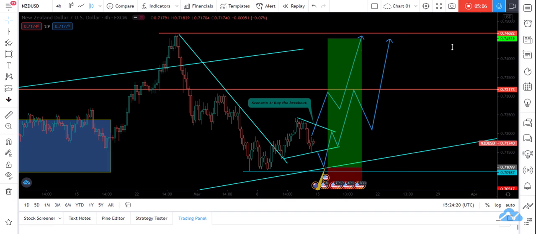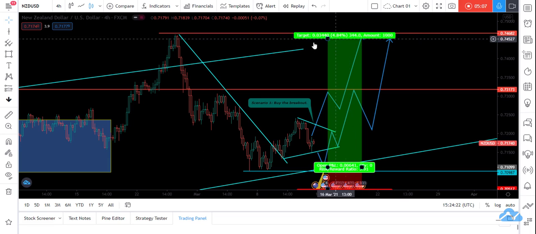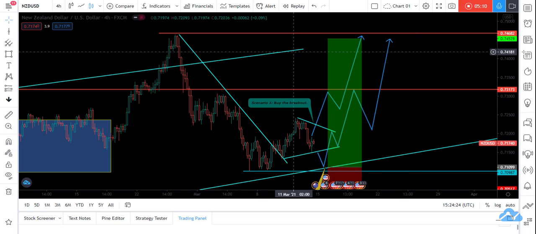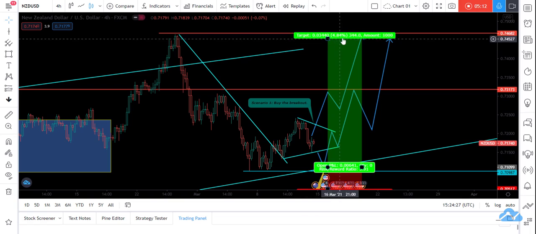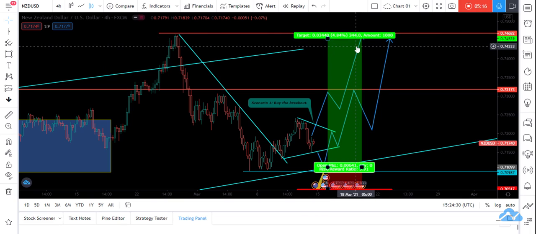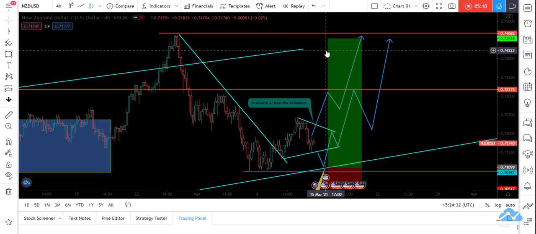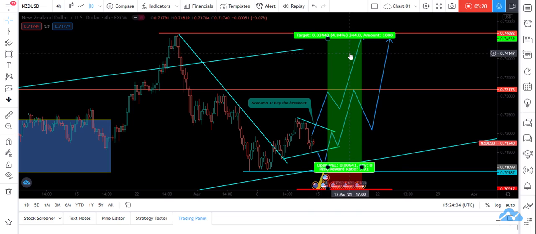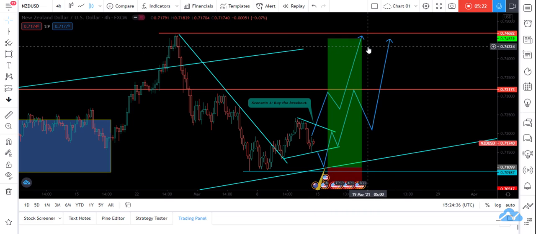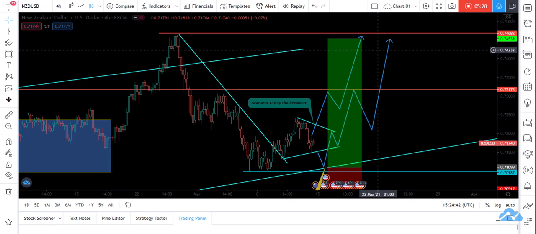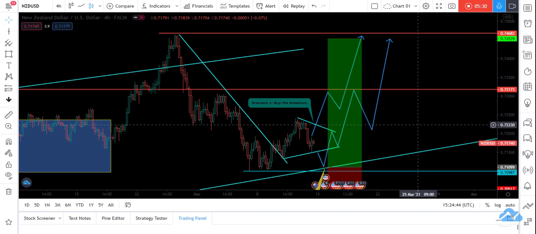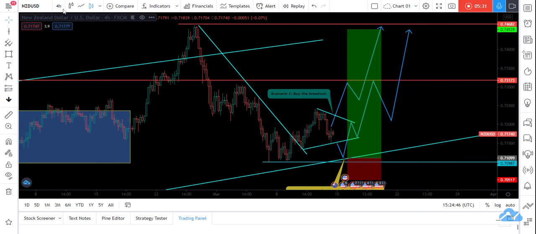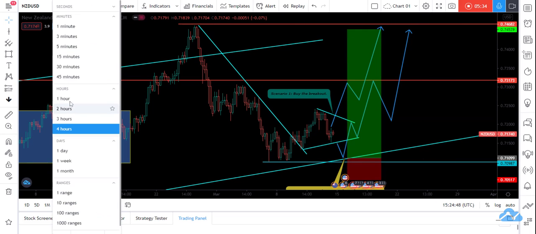It just may not get all the way back up there because obviously this trend line resistance up top is probably going to get the bears to come back in and push the price lower once it reaches 0.7430 most likely.